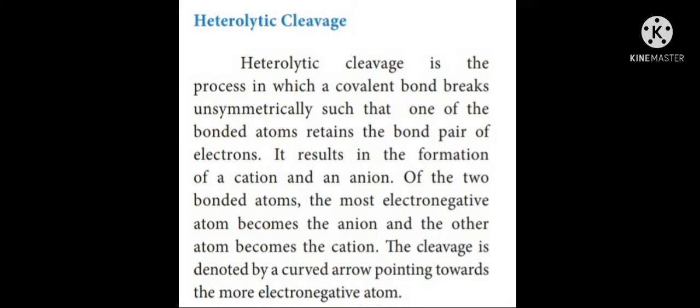Of the two bonded atoms, the more electronegative atom takes the bond pair of electrons, that is 2 electrons, and becomes the anion, and the other atom becomes the cation. The cleavage is denoted by a curved arrow pointing towards the more electronegative atom.